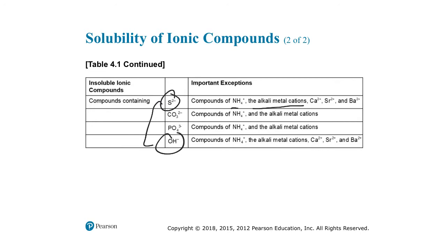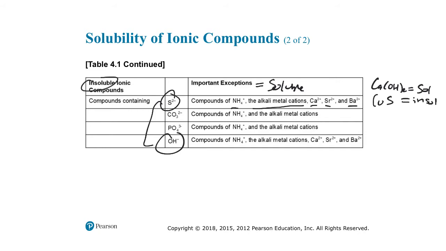But then they add 3 exceptions: calcium, strontium, and barium. Now these important exceptions are soluble. So we have to remember that if you have copper sulfide, that's insoluble. But if you have something like calcium hydroxide, Ca(OH)2, this is soluble. So the exceptions here are soluble, the non-exceptions are insoluble.